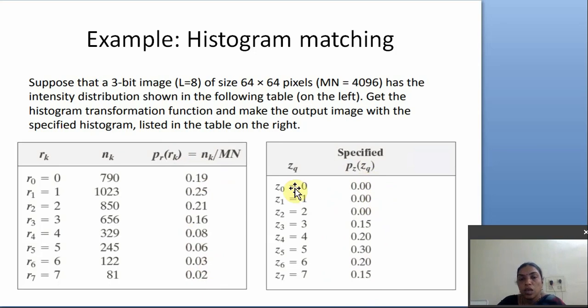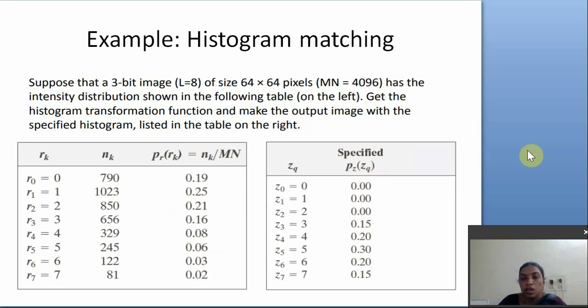We should convert the input image, with Pr of rk values like this, from these values to these values. Then this is the enhanced image, where Pz of zq should be like this.